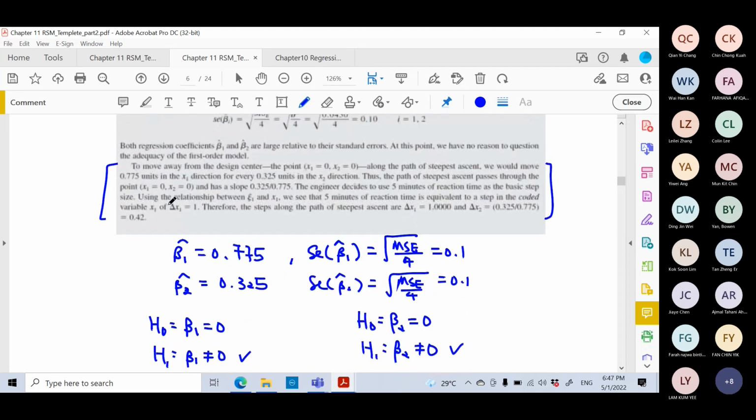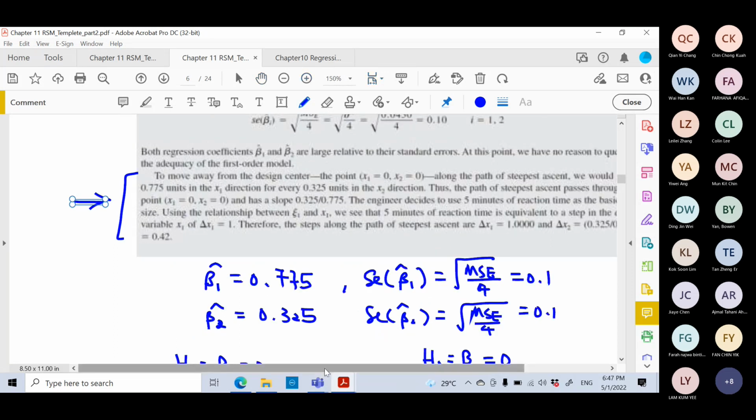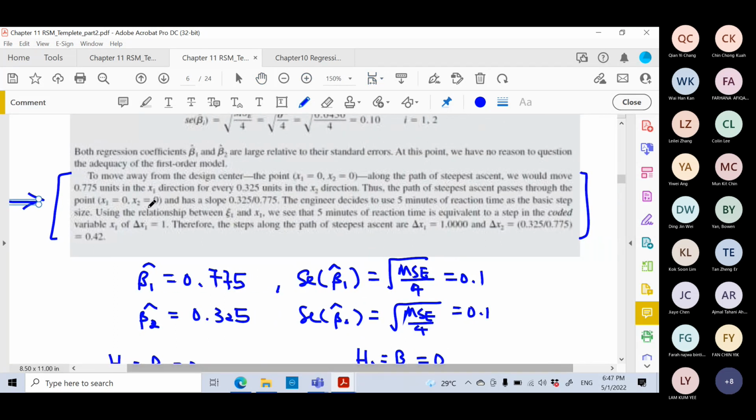This is what I mentioned just now. To move away from the design center, because you are starting from 0, 0, where x1 is 0 and x2 is 0, along the path of steepest ascent we will move 0.325 units in the x2 direction for every 0.775 units in the x1 direction.